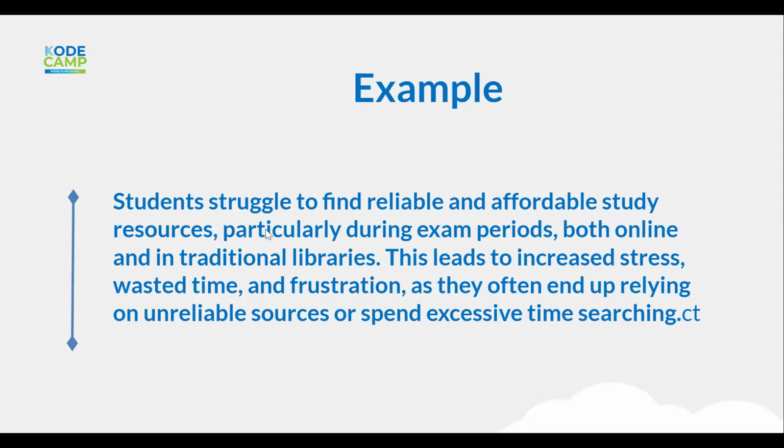Okay, I was saying that we have 5W and 1H. The first one, who, is representing the students, they are the user. And what is the problem is that they are struggling to find reliable and affordable resources. Then when is during the exam period, that's when they have that issue.